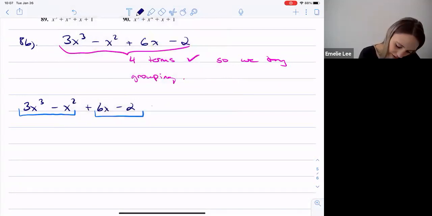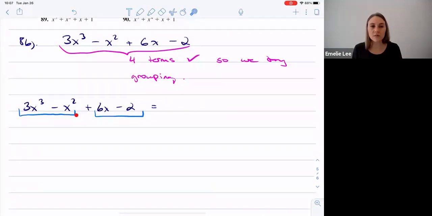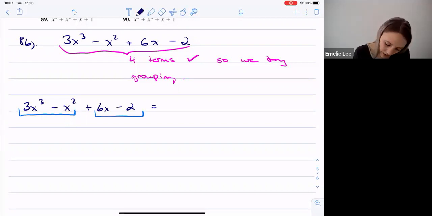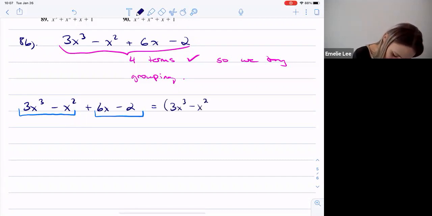So what I'm going to do is rewrite this. Putting brackets around these won't do anything because we're just adding and subtracting, but it does help us visualize: here's a group and here's a group. So I'm going to write 3x to the 3 minus x squared, plus 6x minus 2.